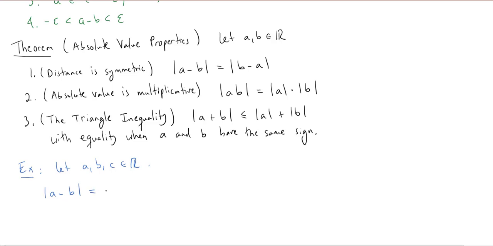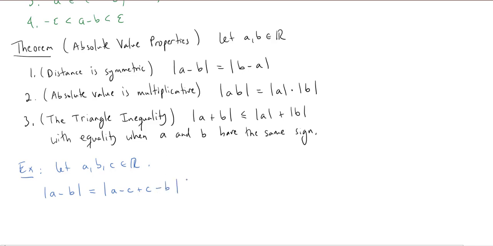Well, what I could do, just inside, I forget I have absolute values, and I just say, what if I put an a minus c plus c in here? Notice by doing that, minus c plus c is 0. I haven't changed anything. And then I have a minus b still.